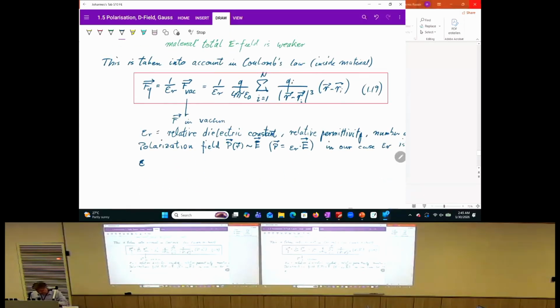So epsilon naught is a dielectric constant. That's how it is called. It is also called the permittivity of vacuum.